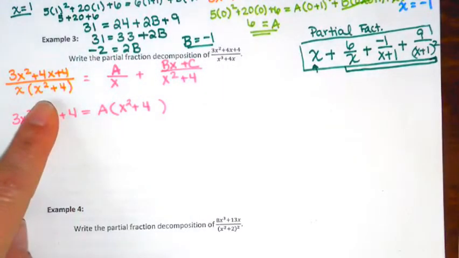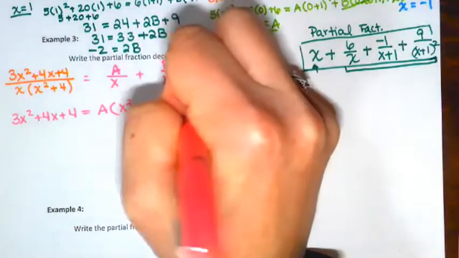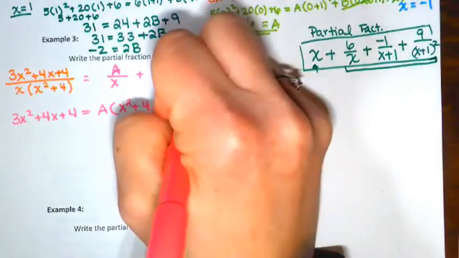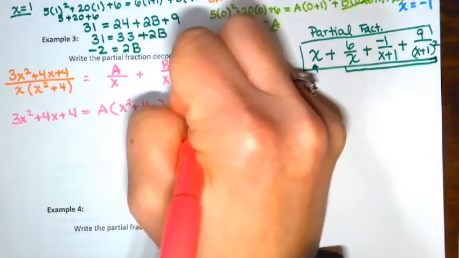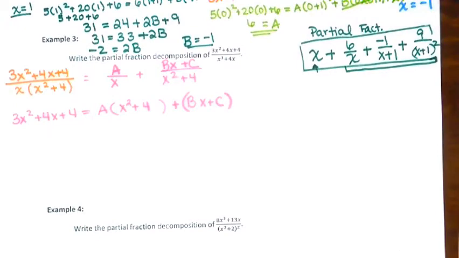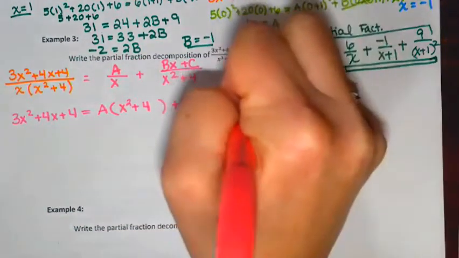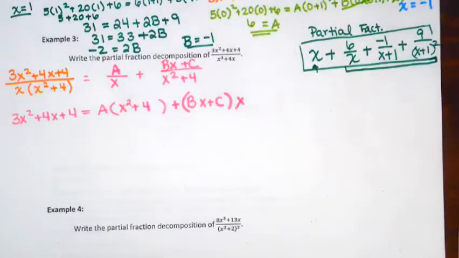Then plus Bx plus C, and we need to multiply that by just the x. Are you guys okay with that?